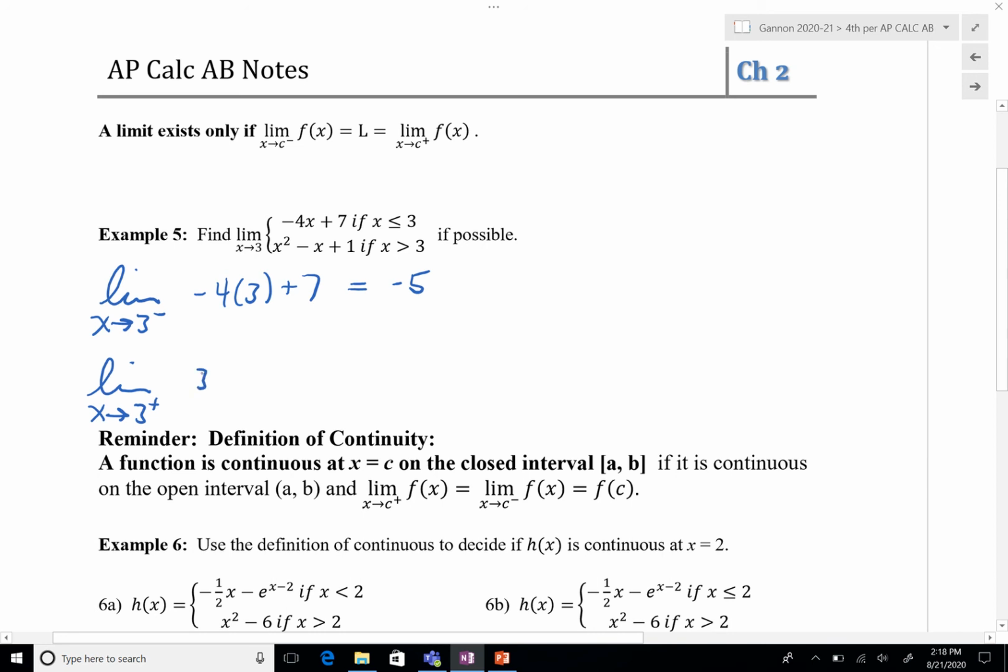So I'm going to have 3 squared minus 3 plus 1. 9 minus 3 is 6 plus 1 is 7. So you have the left-handed limit and the right-handed limit that are different, which is going to tell me that the limit as x approaches 3 of this particular function does not exist.